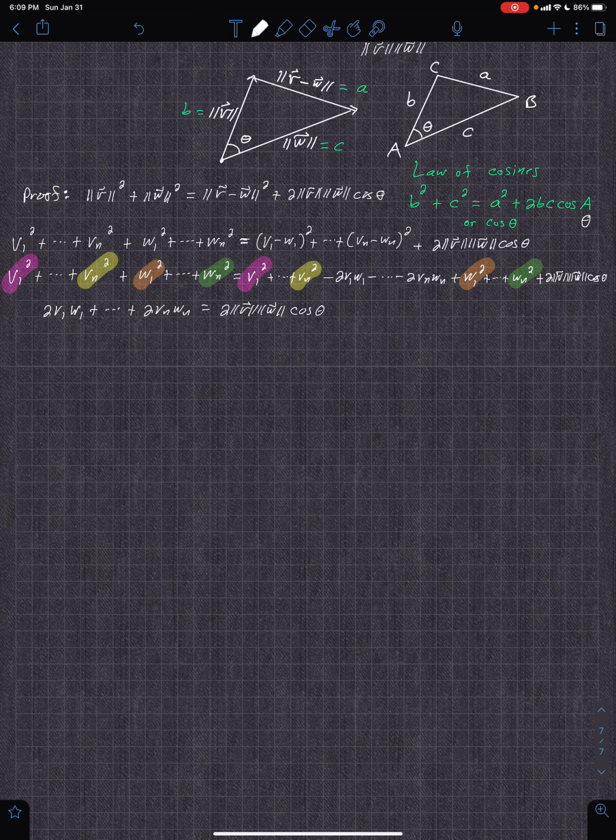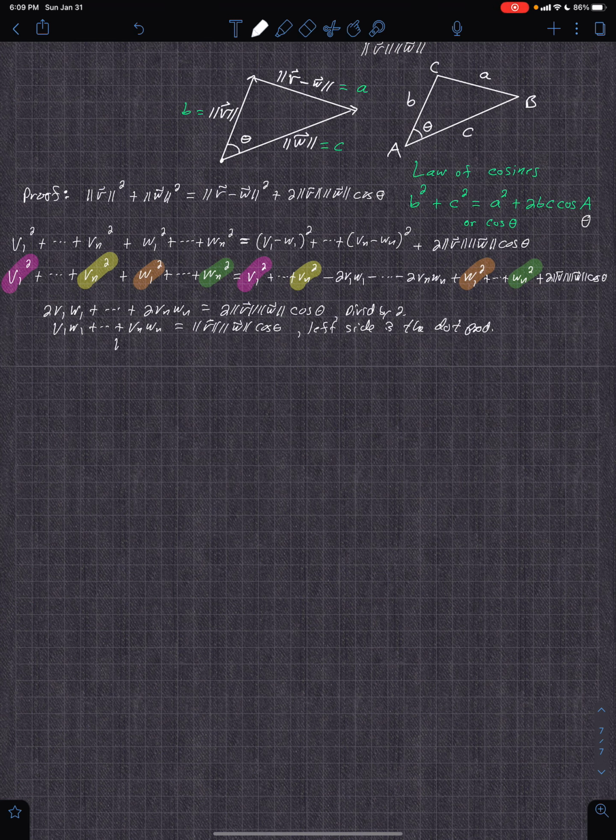So now divide out by 2, and you have V1 W1 all the way to Vn Wn. What is that? That is the dot product, right? There you go. So you're good. You're done. So the left side is the dot product.